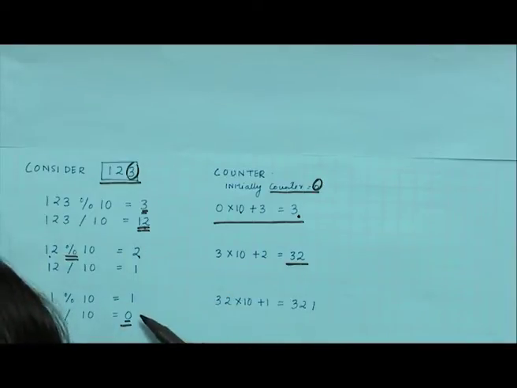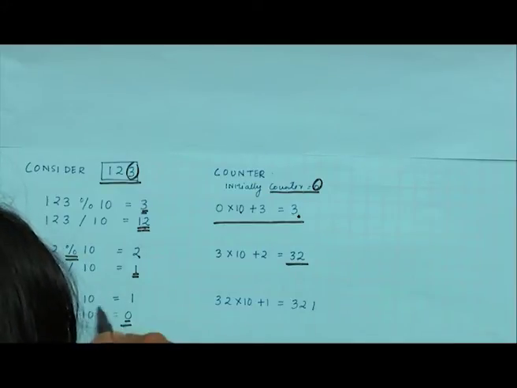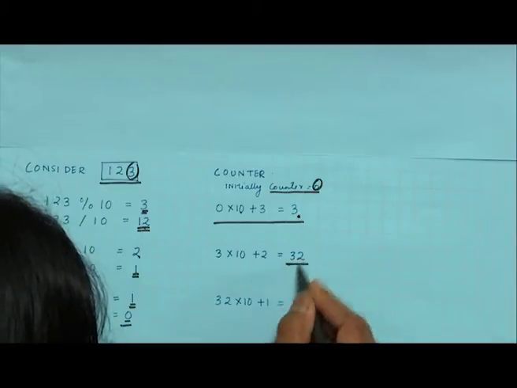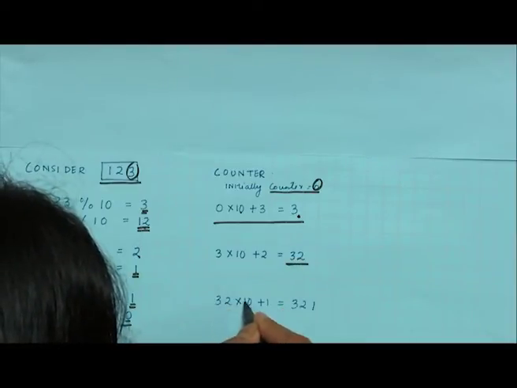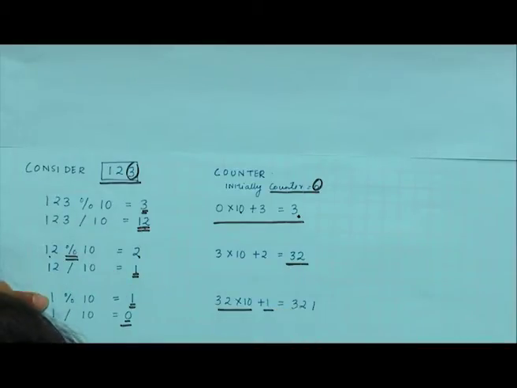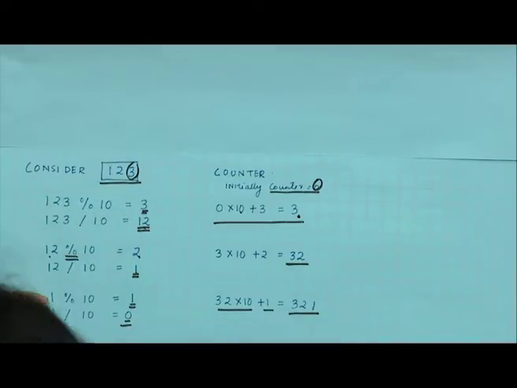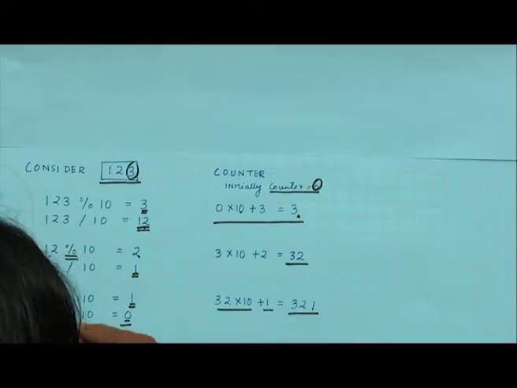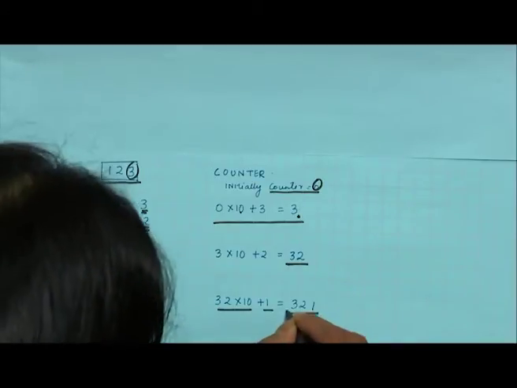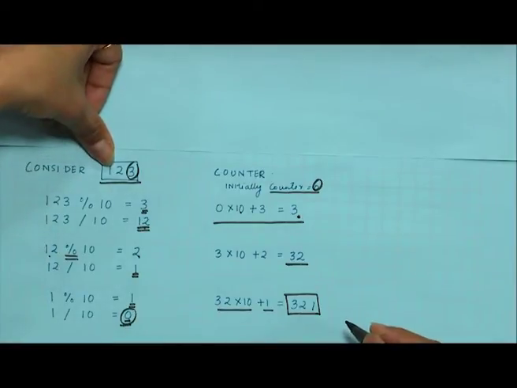Again, for the next time the quotient is 1. So, 1 mod 10 becomes 1. The counter was 32, so we do 32 into 10 and add 1, and we get 321. Now, 1 divided by 10 is 0, so we will not continue. We got the value which is the reverse of 1, 2, 3.